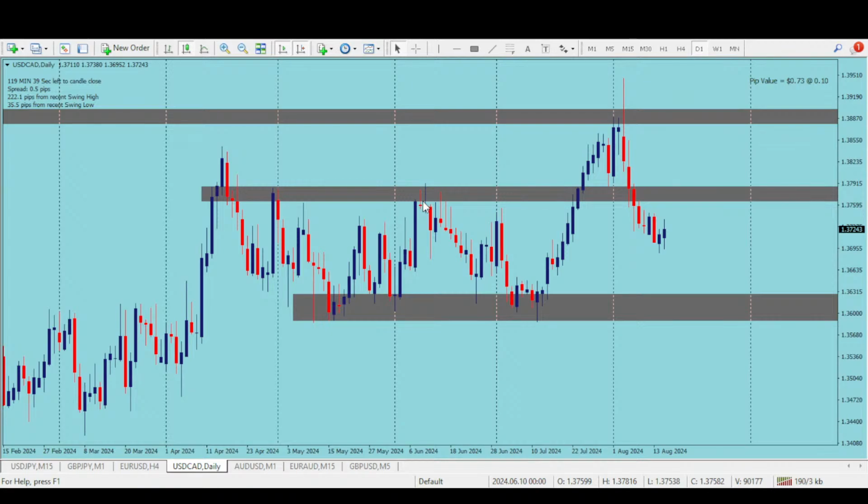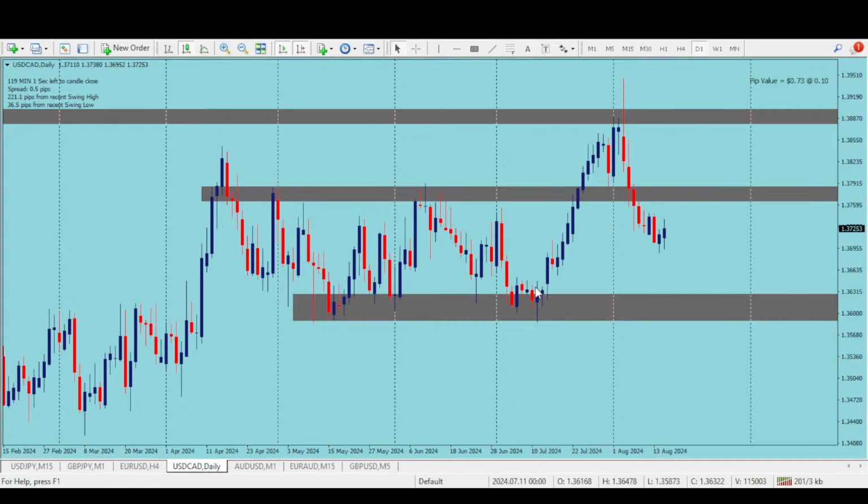These were rejections until it moved down here. It moved up and came down. It couldn't break. Then when it tried to break, it was rejected immediately, which offered an opportunity for a long trade.